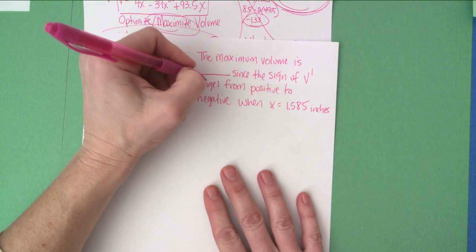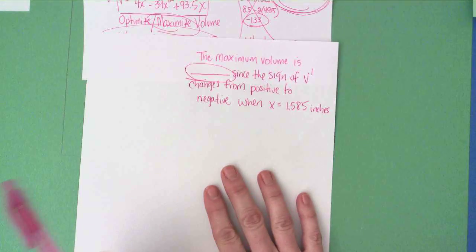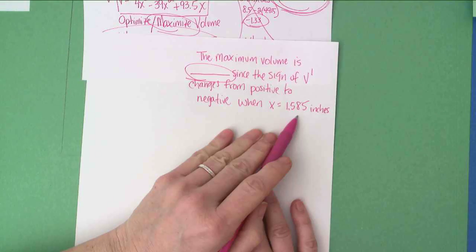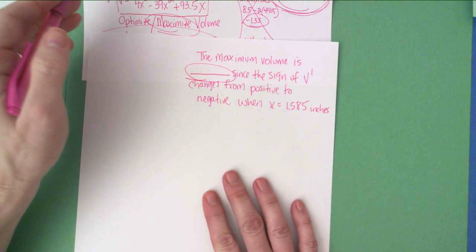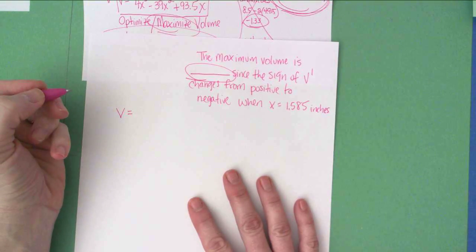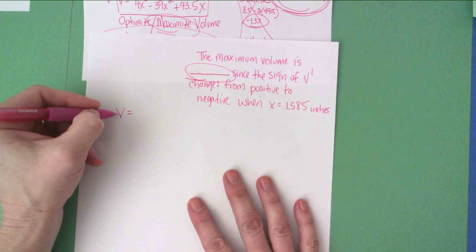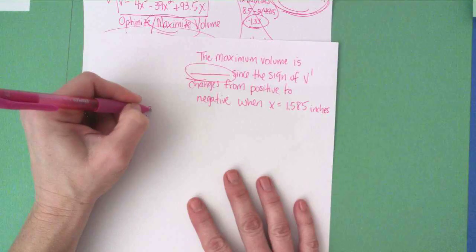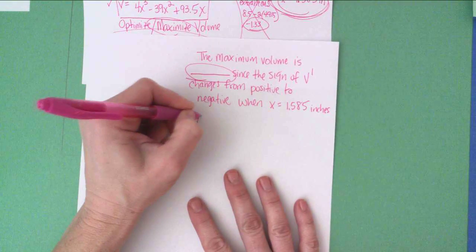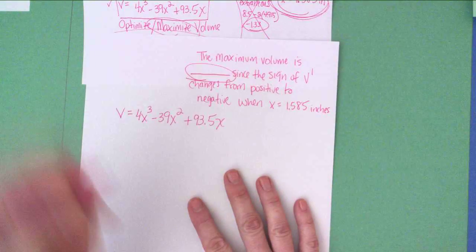Now, let's find that maximum volume. Okay, all I need to do there is plug 1.585 back into my volume equation. So if you look back, your volume equation from the very beginning, this isn't V prime, this is just V, was 4x to the third minus 39x squared plus 93.5x.